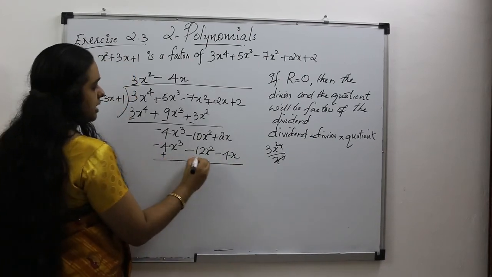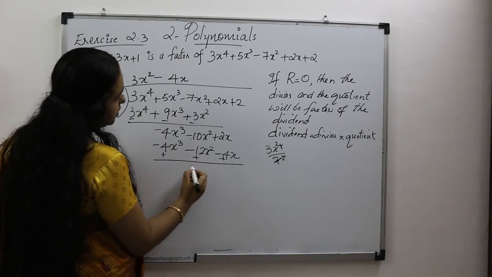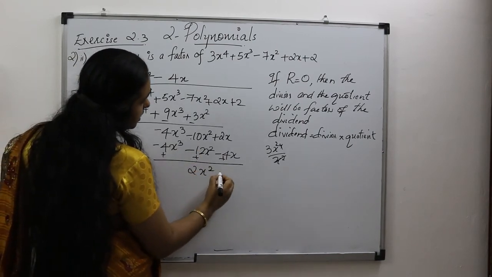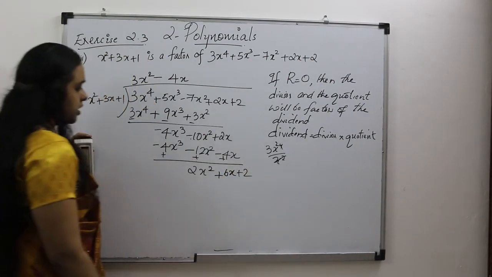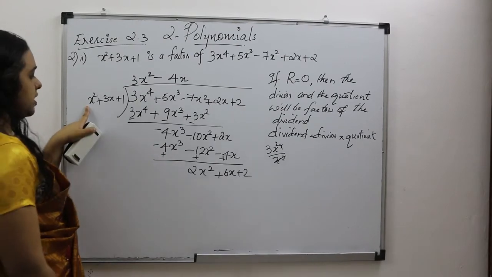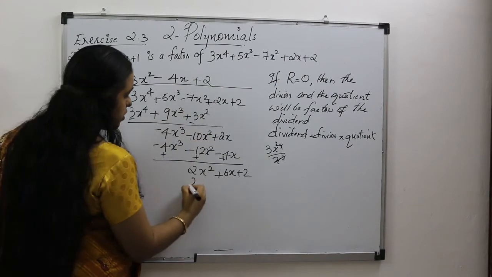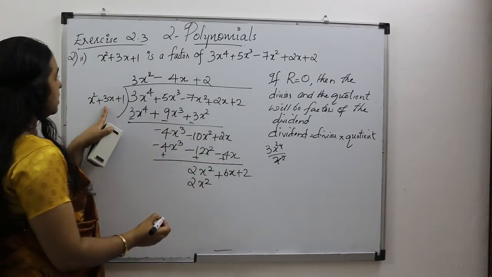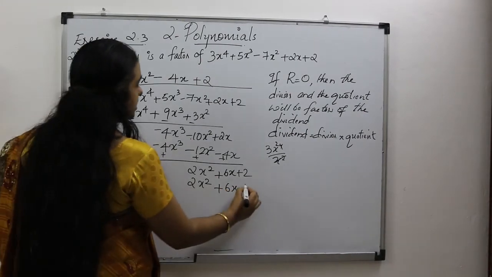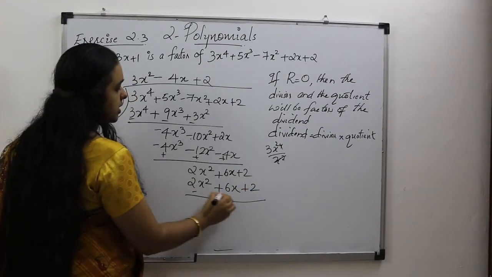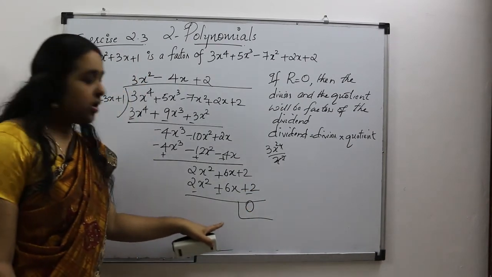Again subtract. Minus 10x square plus 12x square is 2x square, plus 6x plus 2. 2x square divided by x square is 2, plus 2. 2x square plus 6x plus 2 subtracted will become 0. Our remainder is 0.